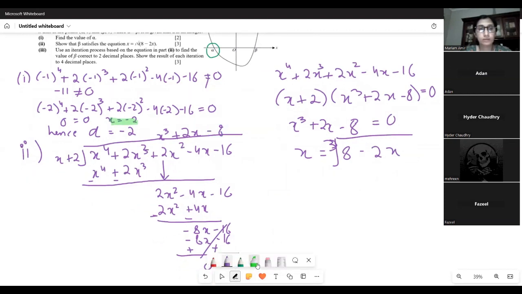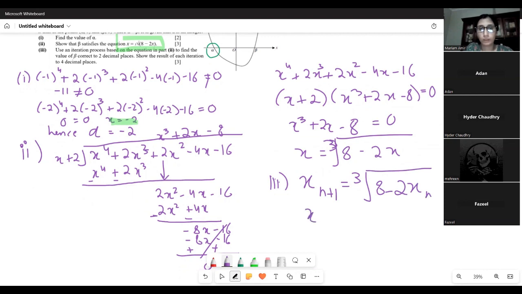We already have x isolated here. So we're going to write x n plus 1 in the subscript. Part 3, x n plus 1 equals cube root of 8 minus 2x n.